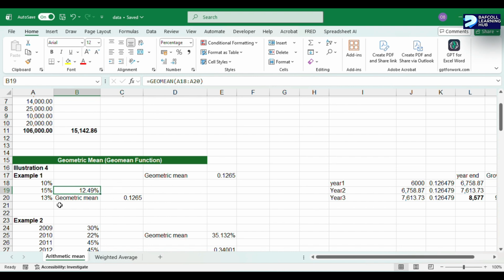So that's how you can use the GeoMean function to compute the geometric mean of a data set. In this example, that is Christie's annual growth rate.